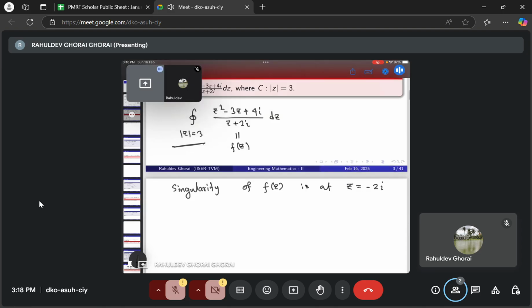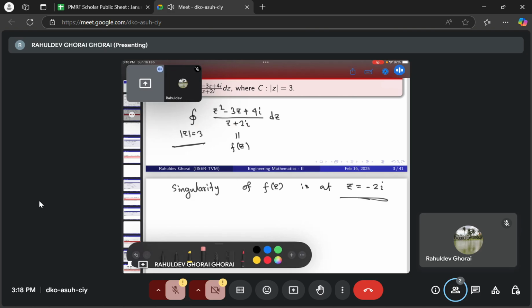So by the Cauchy integral formula, first of all you have to check whether z equal to minus 2i is inside mod z equal to 3 or not. So check whether z equal to minus 2i lies inside mod z equal to 3.